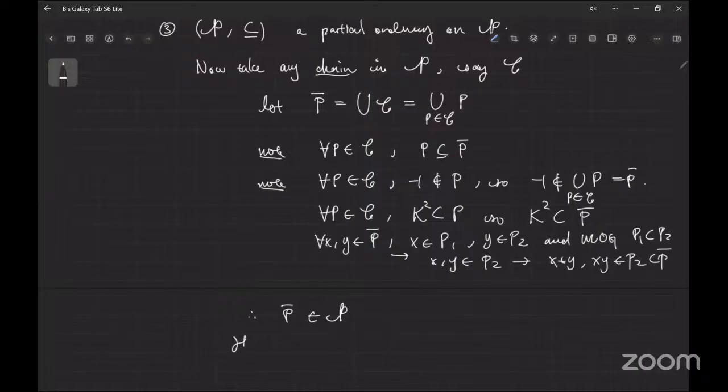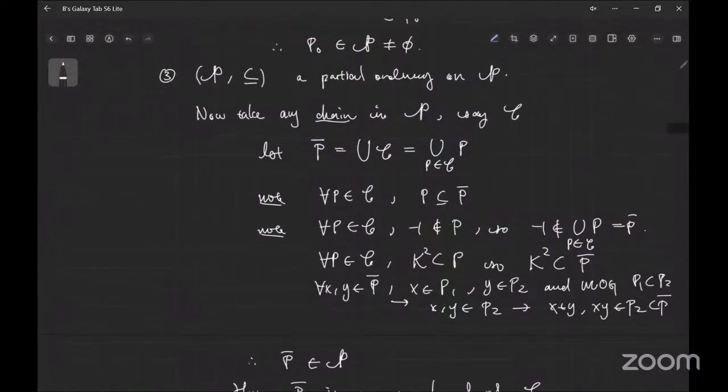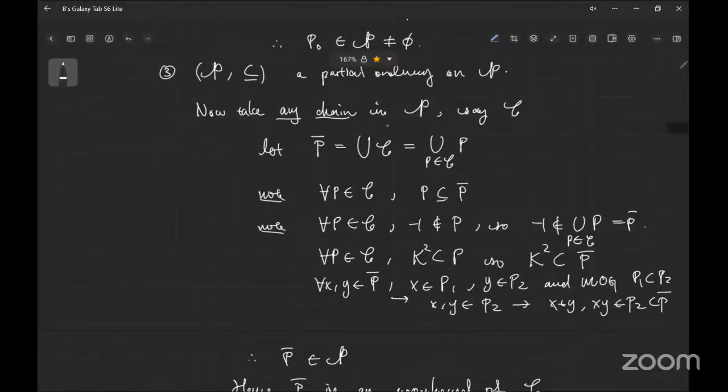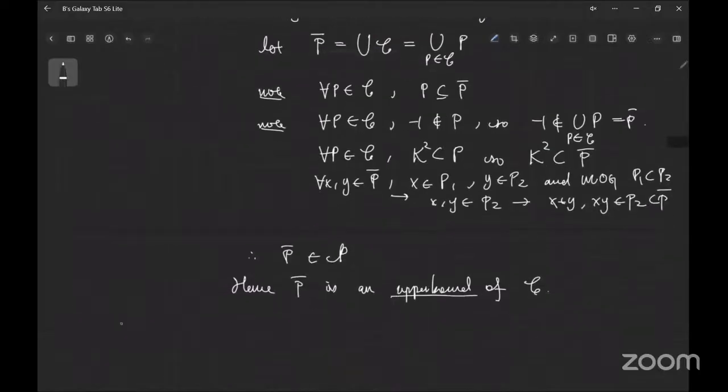Hence, P bar is an upper bound of our chain. So any chain has an upper bound.